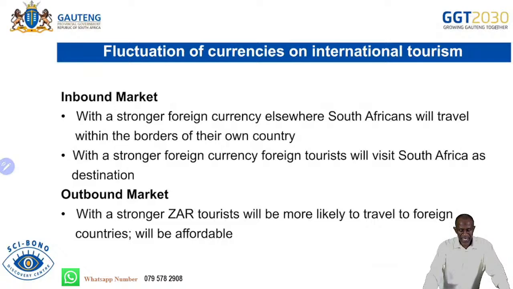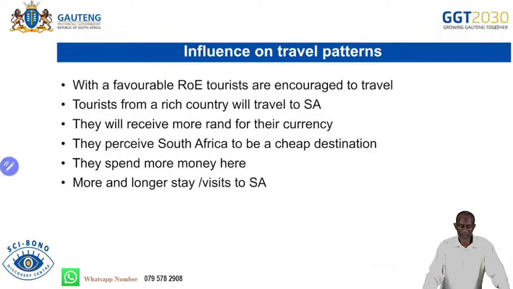For an outbound market, with a stronger South African rand, people will be more likely to travel to foreign countries, and that will be affordable for us. So if we have a strong rand and we want to travel abroad, it means we can buy, using our rand, a lot of foreign currency, and we will regard such an international destination as cheaper opposed to our own.